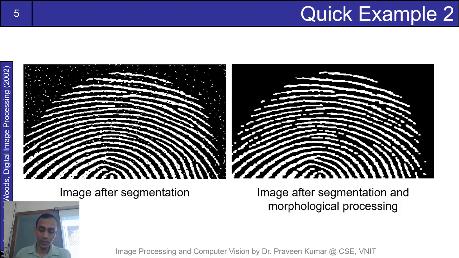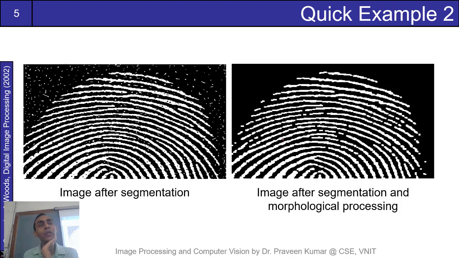This is another example, of a fingerprint image. Normally when you do fingerprint recognition and all that, you take the image and then do a threshold segmentation. After segmentation, invariably you get this kind of an image. Along with the fingerprint ridges, you also get many imperfections, either some noise pixels here or some holes in the fingerprint ridge itself.